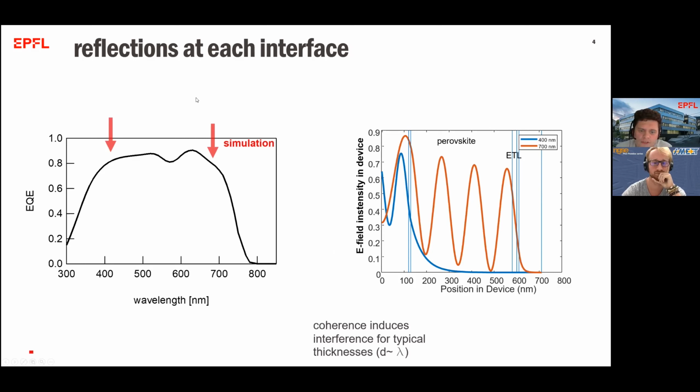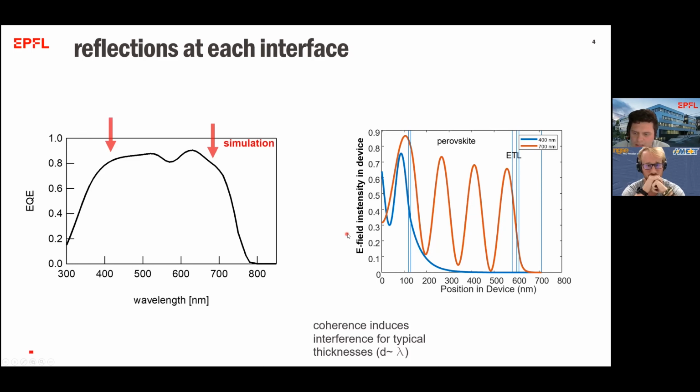I want you to focus on the 700 nanometer illumination range. Wait, just give me a sec. I didn't use the spotlight so far. So on this part here, which corresponds to the orange line on the right side, you can nicely see that the light that initially goes into the solar cell, entering from the left, is reflected at the electrode, and thereby the incoming and reflected waves interfere, and this gives rise to this bump and the shoulder at 700.